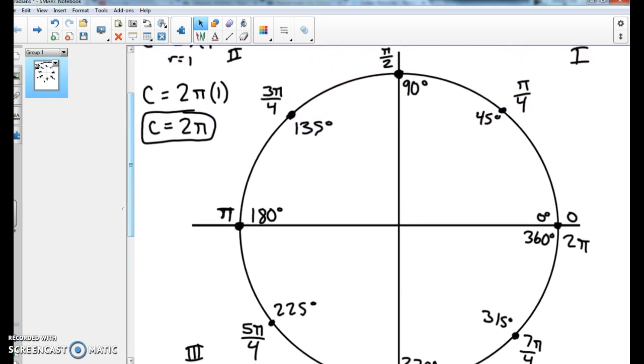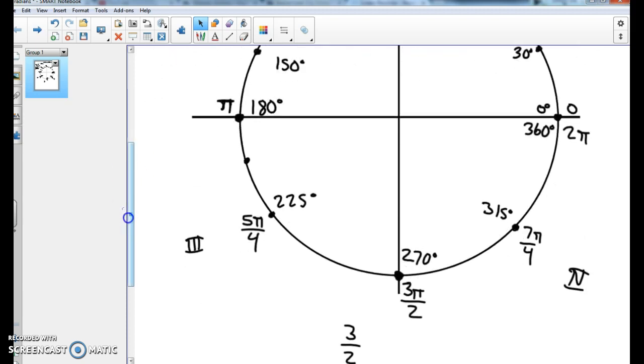If you think back to the first unit circle we did, we also, in each quadrant, had 30 degrees and 60 degrees. Similarly, in quadrant 2, we also had 120 degrees and 150 degrees. And then in quadrant 3, we also had 210 and 240.